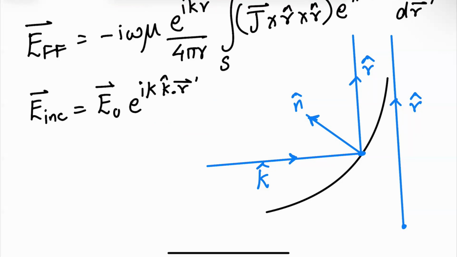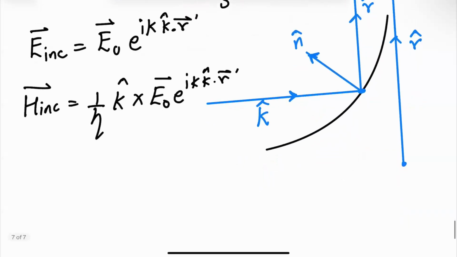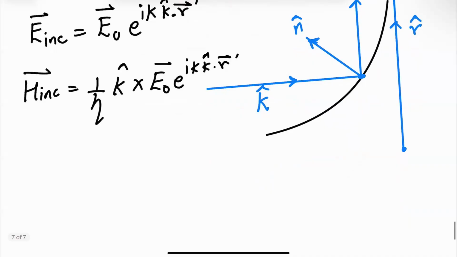Okay, so let's assume you've seen plane waves before. Which means that the incident magnetic field is 1 over eta, k hat cross E naught, e to the i k hat dot r prime. And that also is based on the definition of plane waves.